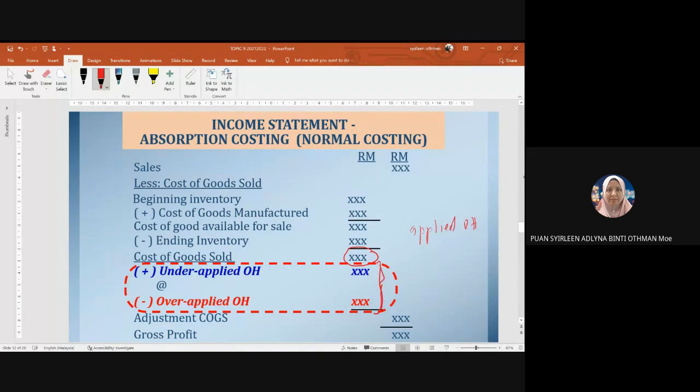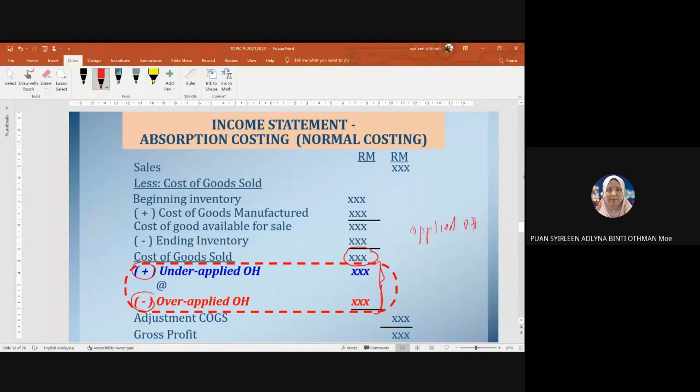Okay, so kalau dia under applied, bila under applied you akan debit COGS, betul? So debit COGS tu maksudnya kita akan tambah. Okay, tapi kalau you dapat over applied MOH, kita akan credit COGS. So bila credit COGS meaning kita akan minus di COGS.